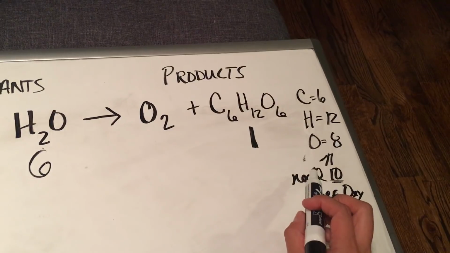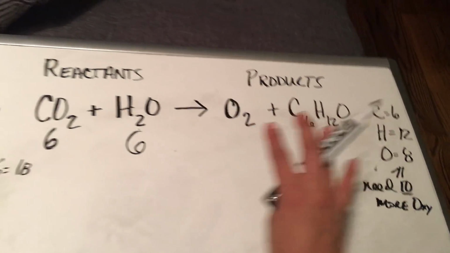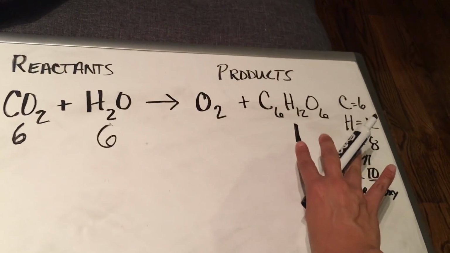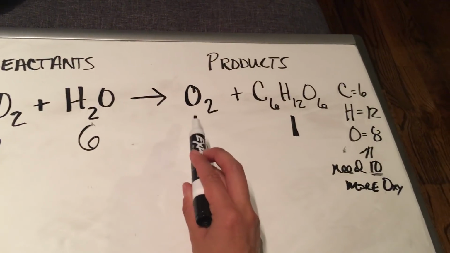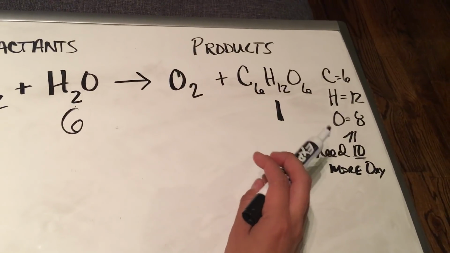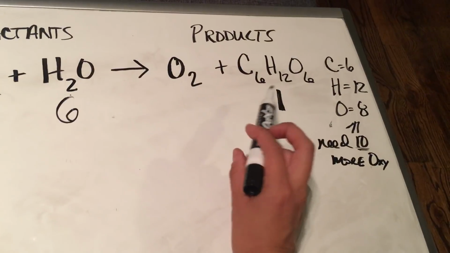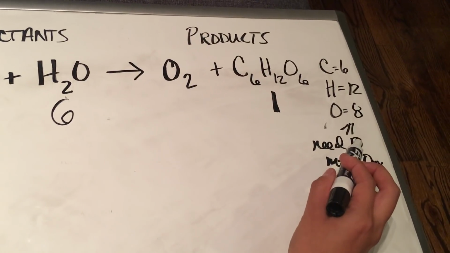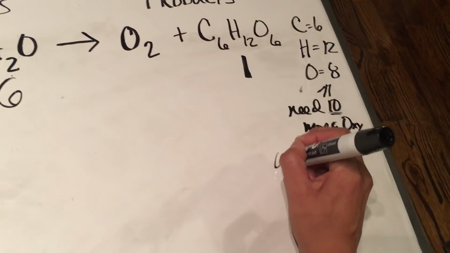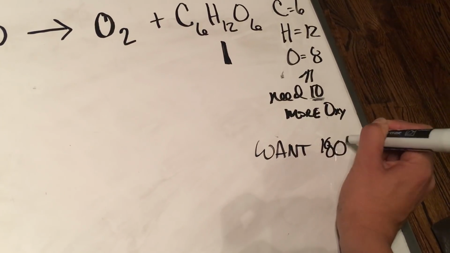How am I going to do that? Well, I already have 6 here. I want to keep that the same because everything else looks awesome. But I can do something with this guy right here, okay? So to get 10 more, if I want to get 18 on this side, I have 6 here already, okay? I have 6 here. And I want, how many do I want? I want 18 oxygens.